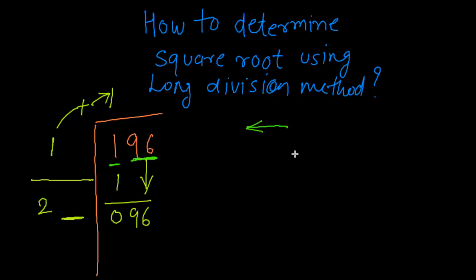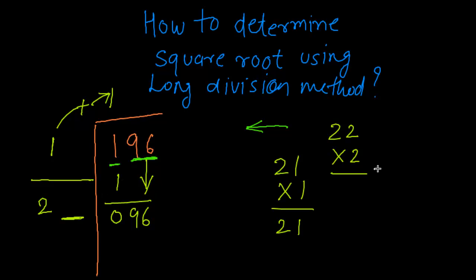So say if you choose 1 to be placed over here, it would form 21, and then 21 into 1 would be 21. But this number is quite far from 96. So let us try with another number, say 22 into 2, because the number chosen over here is 2. So you have to multiply the number formed with 2 only.